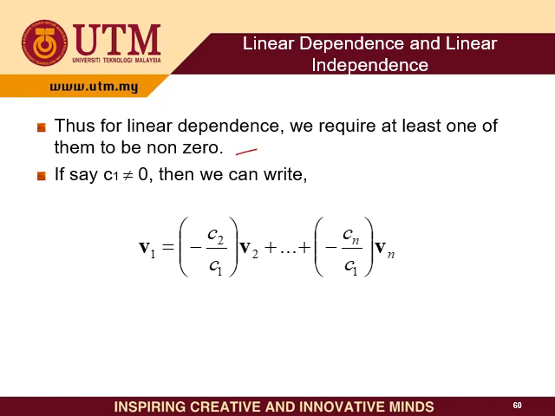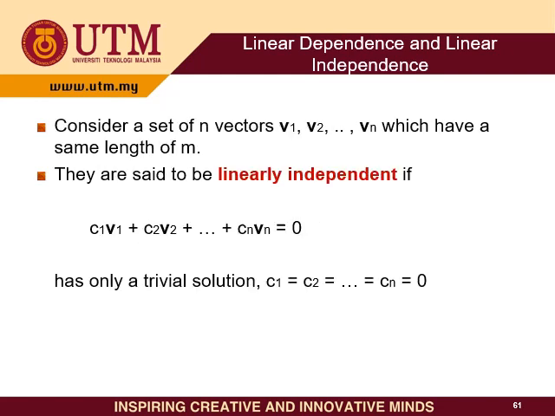If, say, C1 is not equal to 0, then we can write this equation where it can be divided by C1. Before this, we said that for linear dependence, we need at least one of them to be non-zero. And if all of them are 0, which is a trivial solution, we can say it is linearly independent.